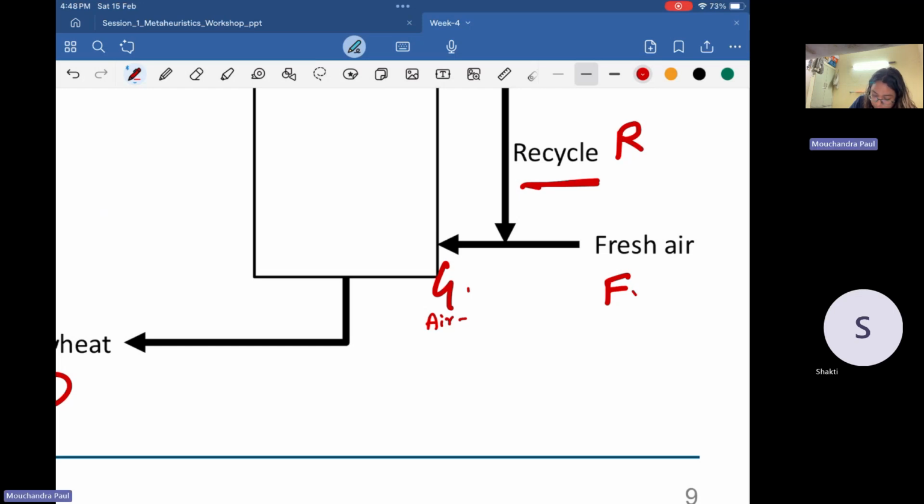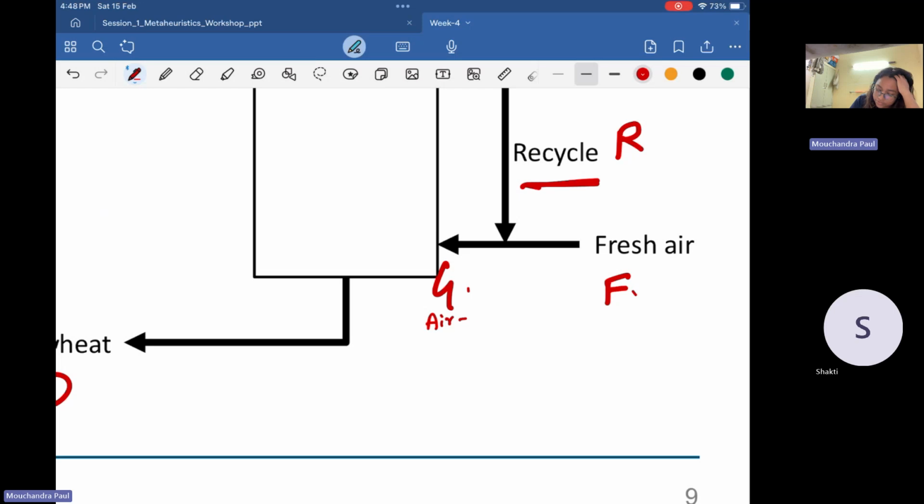Fresh air contains 0.0123 moles of water. If you subtract it from 1, air will be 0.9877 mole fraction.